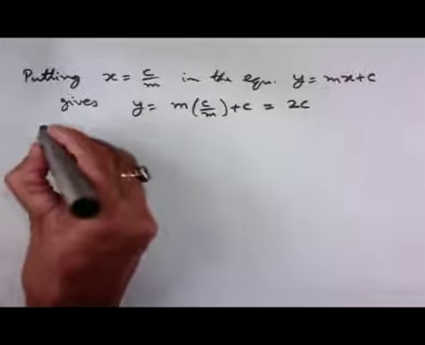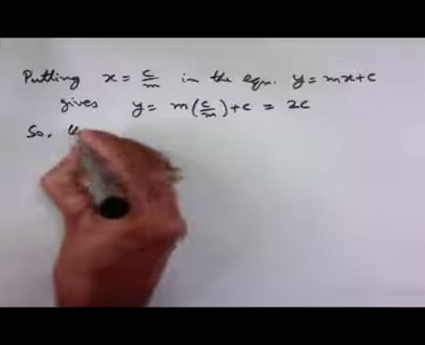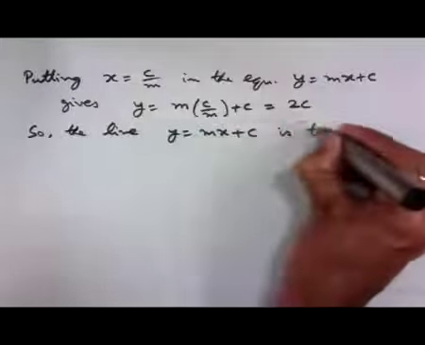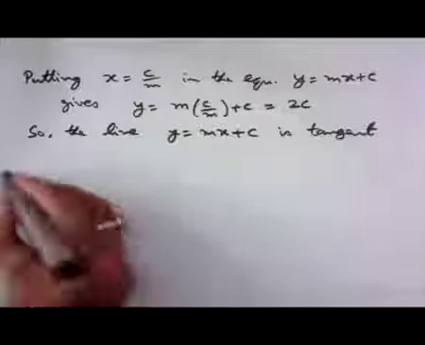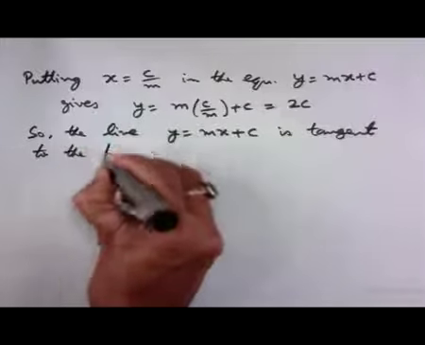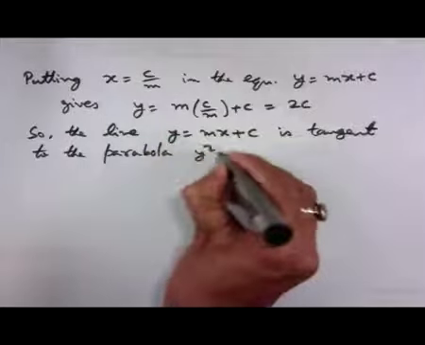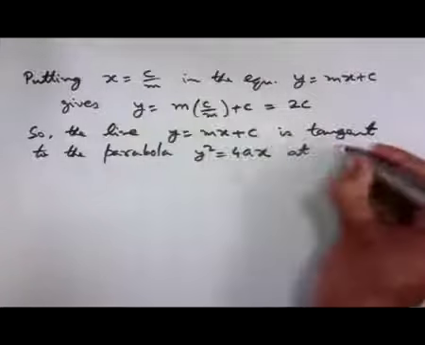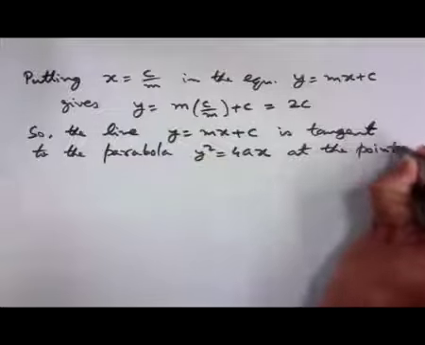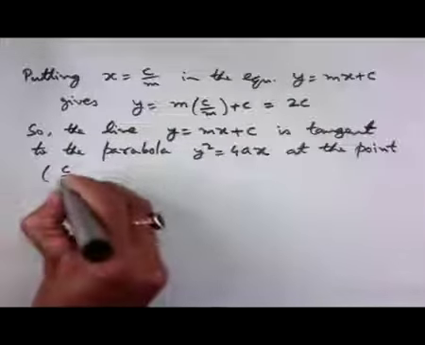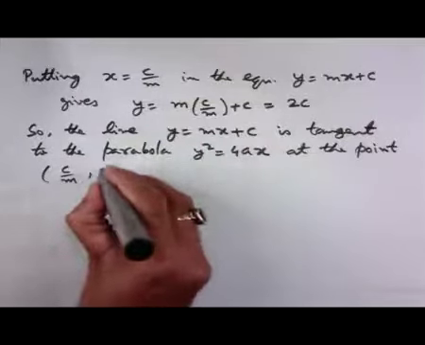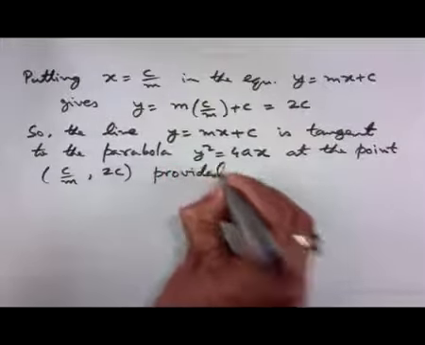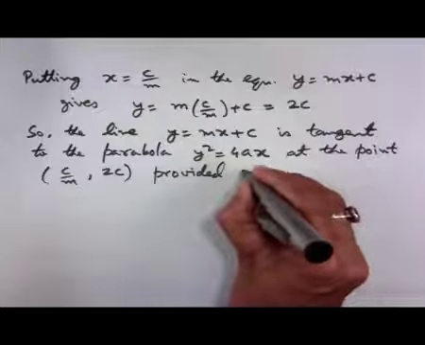So, the line y equal to m x plus c is tangent to the parabola y square equal to 4 a x at the point c by m comma 2 c, provided m times c is equal to a.